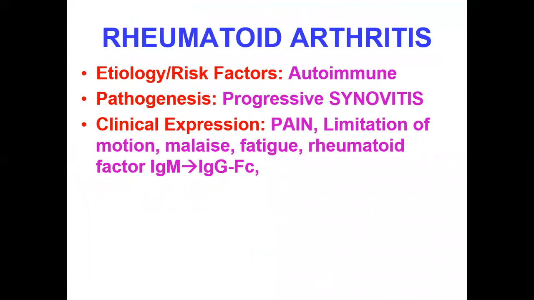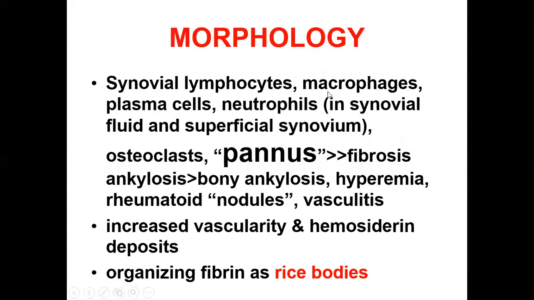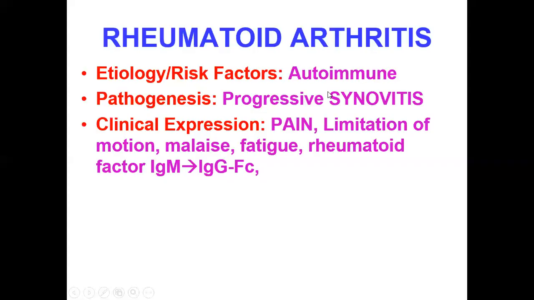So rheumatoid arthritis, as I said, is an autoimmune disease. Pathogenesis: progressive synovitis and pannus formation, destruction of the articular cartilage, fibrosis, and bony ankylosis.